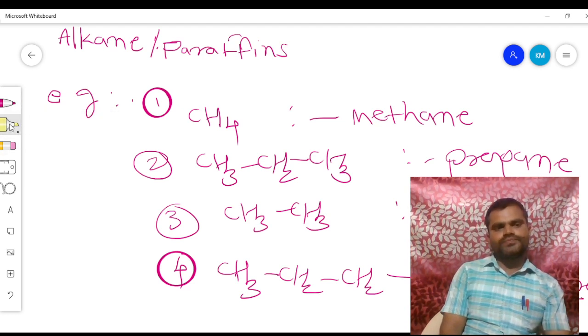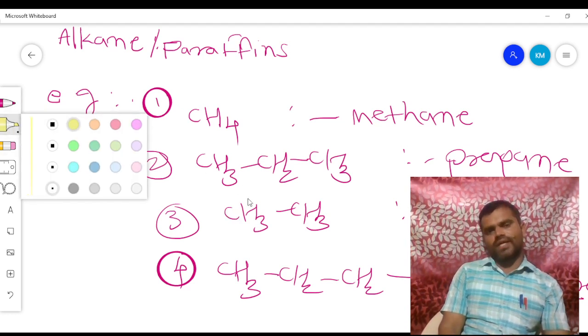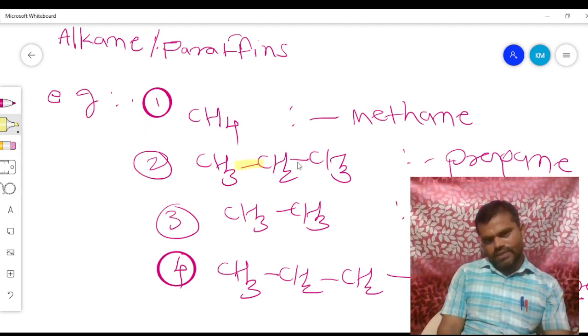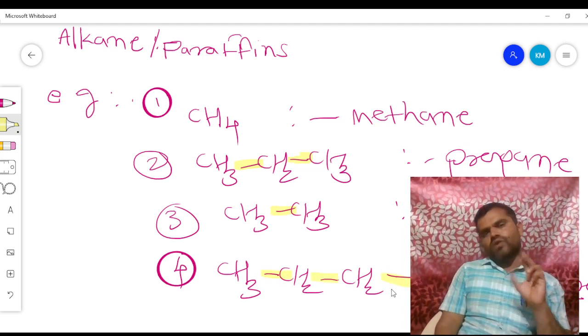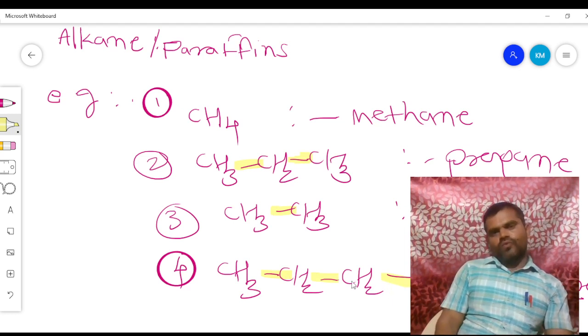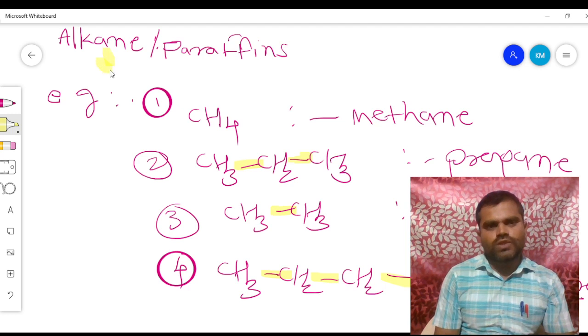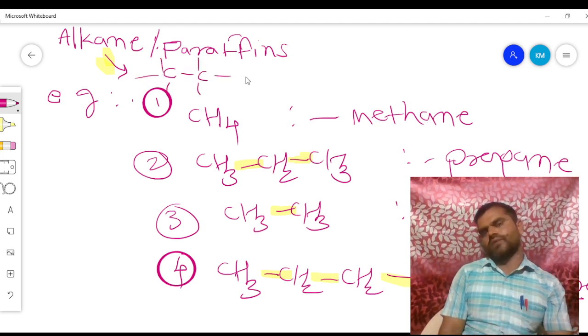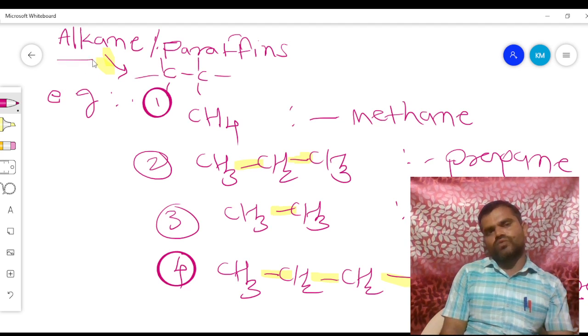what is the definition of alkane. You see all these compounds contain carbon carbon single bond, here also, here also. All compounds contain only carbon carbon single bonds, so we can define alkane: those compounds that contain only carbon carbon single bonds are known as what?